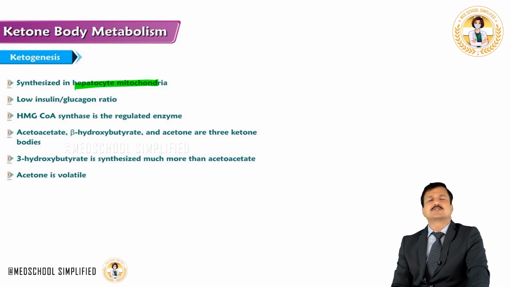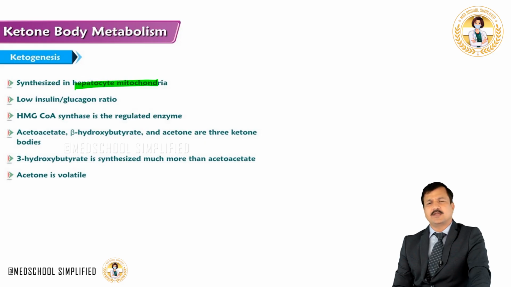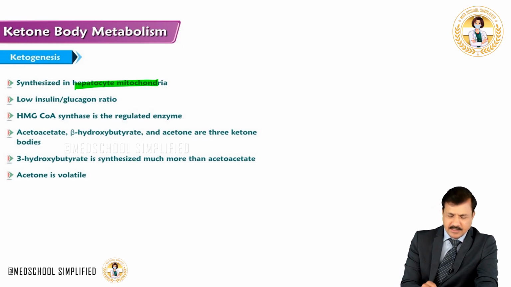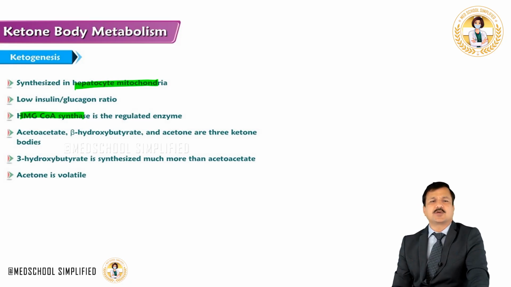That means the insulin to glucagon ratio should be low. During this condition, free fatty acids will flood into the blood and be carried to the liver for oxidation. Beta oxidation will give acetyl-CoA, and acetyl-CoA will be diverted into ketone body formation, and that is done by one of the regulated enzymes called HMG-CoA synthase.